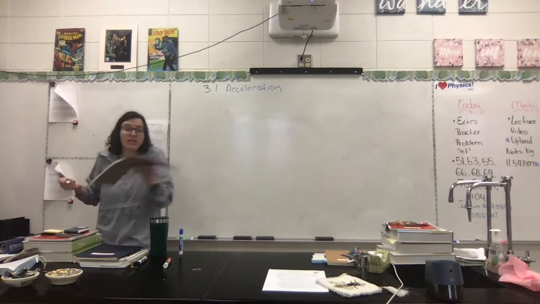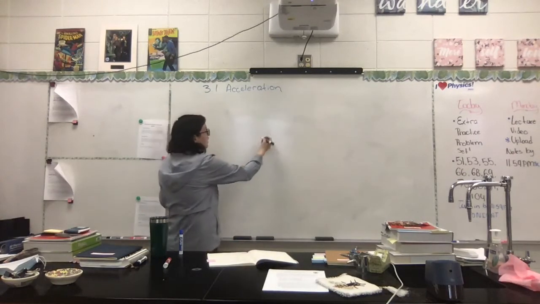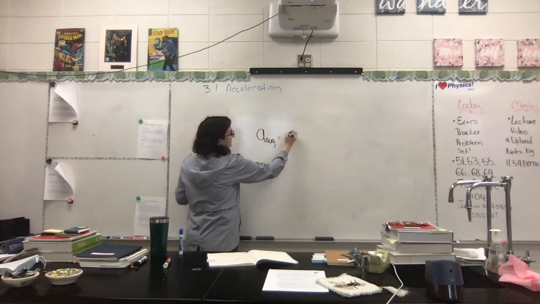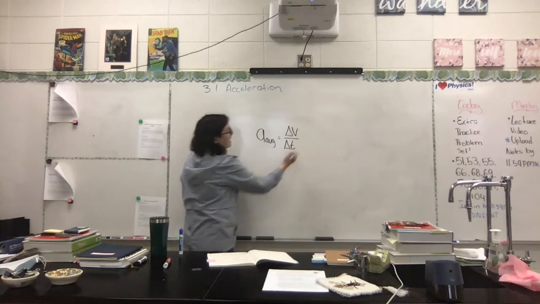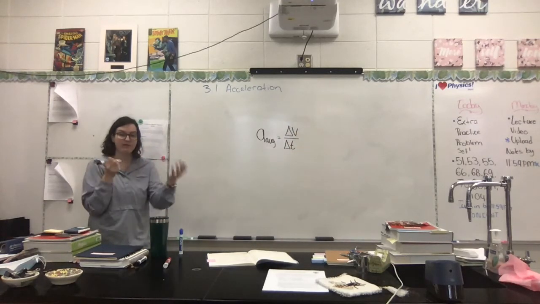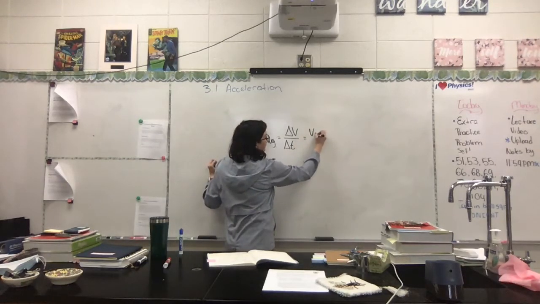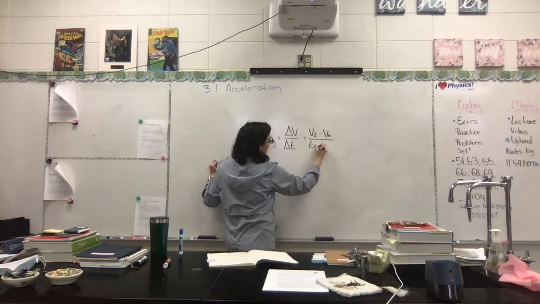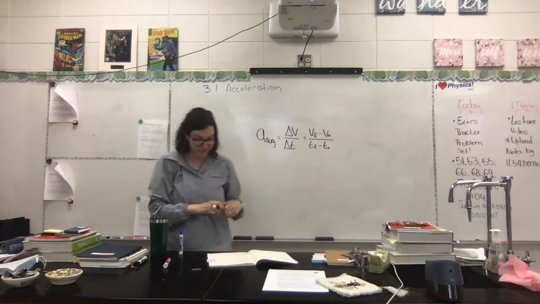Now, if we're wondering, well, what does that look like mathematically? We're gonna have that our average acceleration is equal to a change in velocity over a change in time. And if you guys remember what we said about when we have these changes, we can represent them as our final velocity minus our initial velocity over our final time minus our initial time, okay?